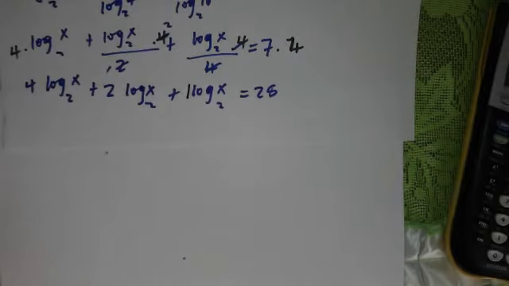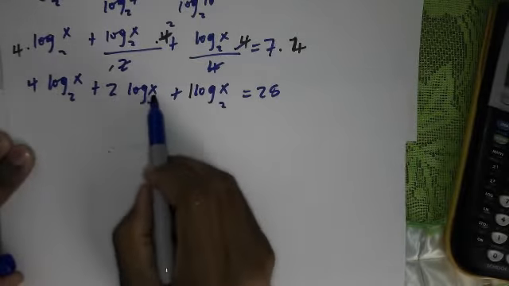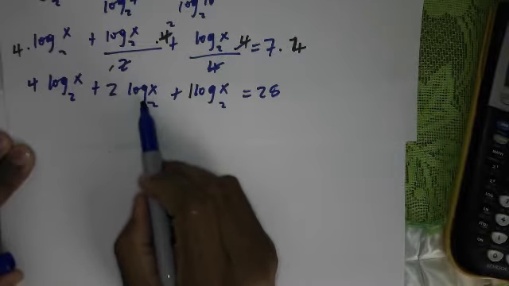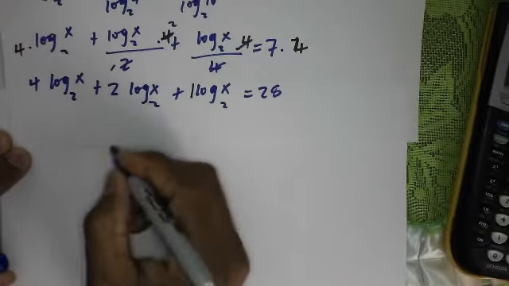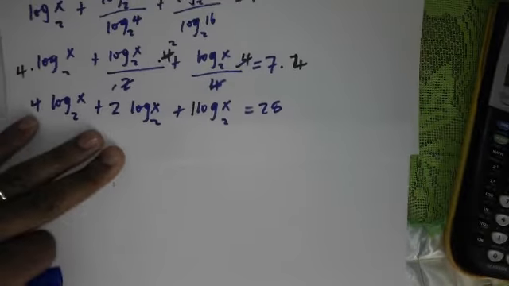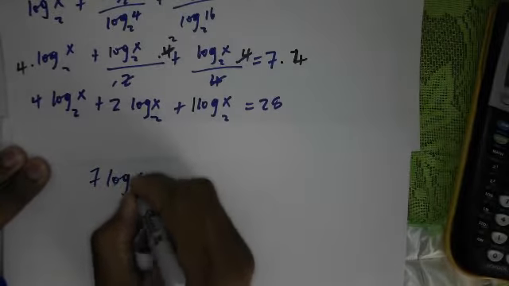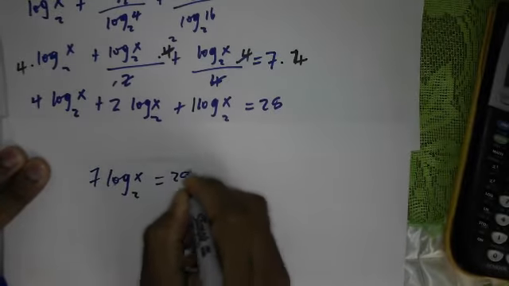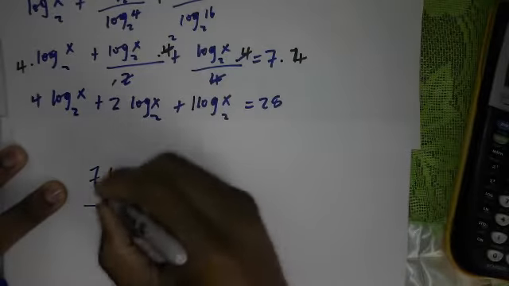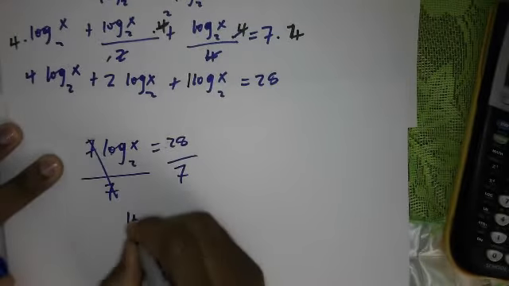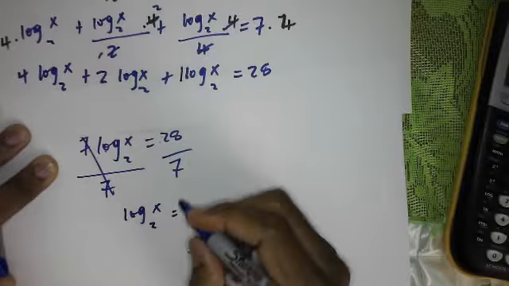So how many log x base 2 do we have in all? 4 log x base 2 plus 2 more log x base 2, that is 6 log x base 2, plus 1 more log x base 2, that is 7 log x base 2. So this is 7 log x base 2 equals 28. And then I divide this by 7, and I divide that part by 7. So the 7 here cancels. So I have log x base 2 equals 28 divided by 7.